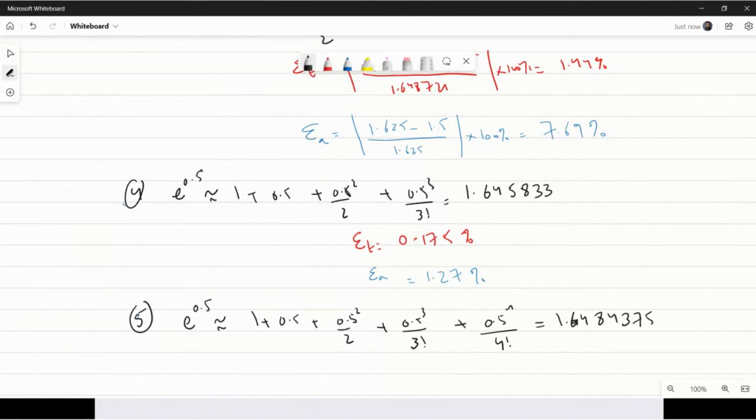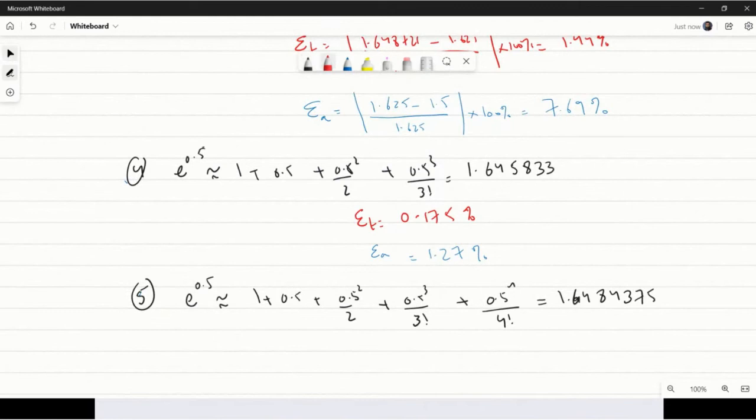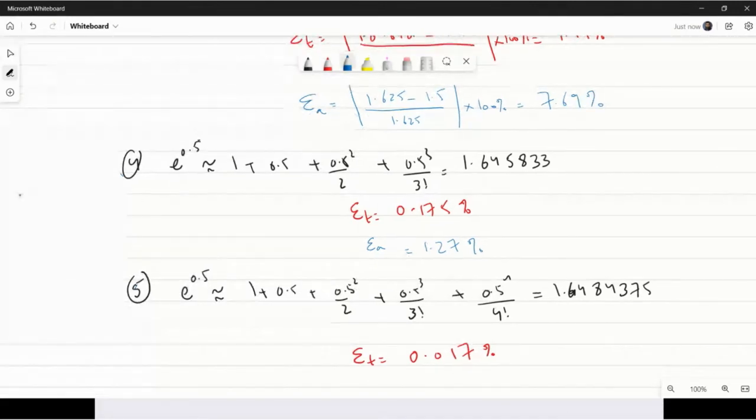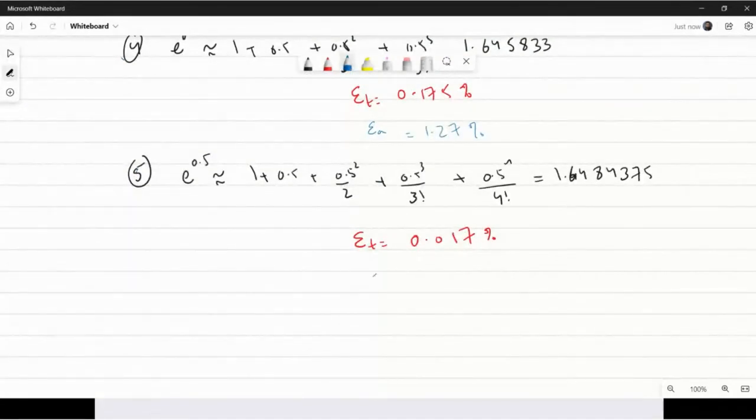And of course, we can find the true error, which comes out to be 0.17%, and we can find the approximate error, which comes out to be 0.2%.